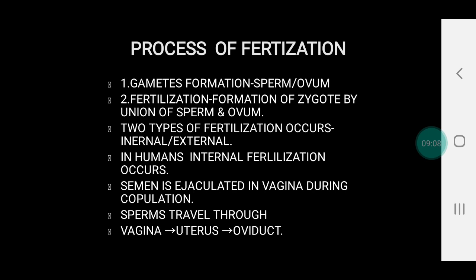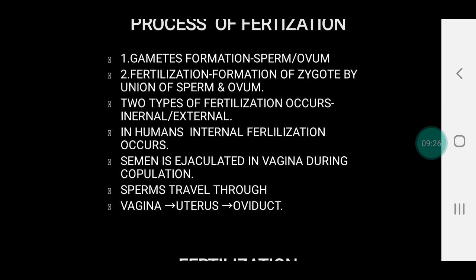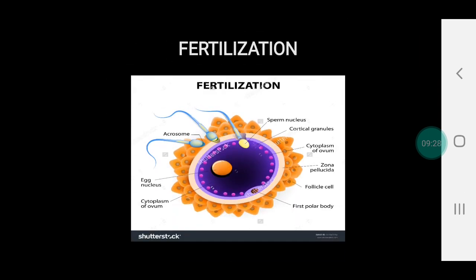Semen is ejaculated in the vagina during copulation, and the sperms travel through the vagina, then to the uterus and the oviduct. One of these few million sperms will fertilize the only ovum present in the oviduct. In this way fertilization takes place.